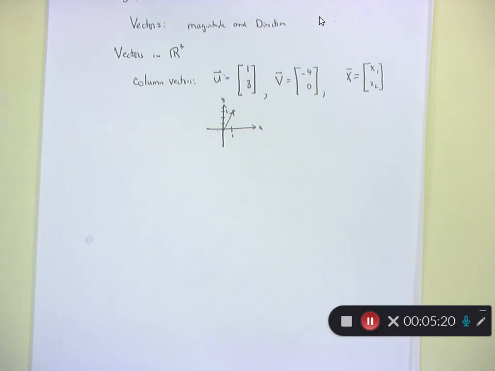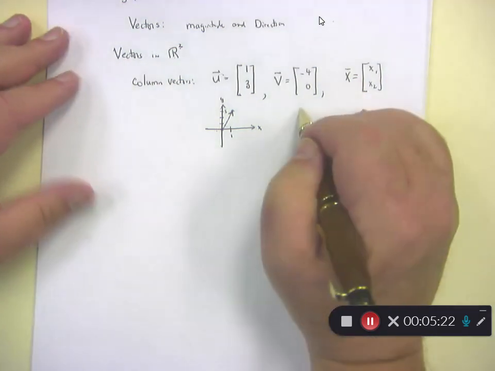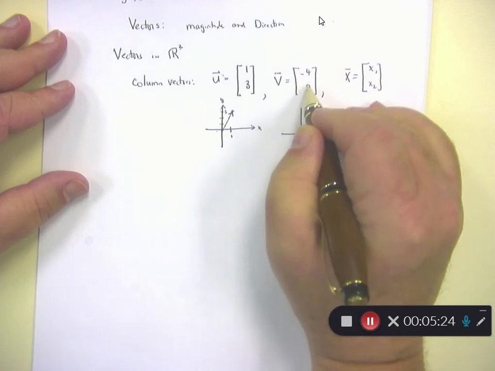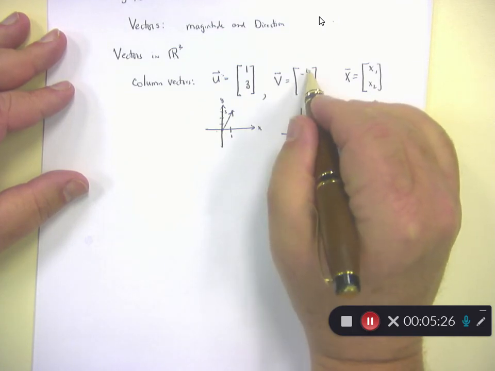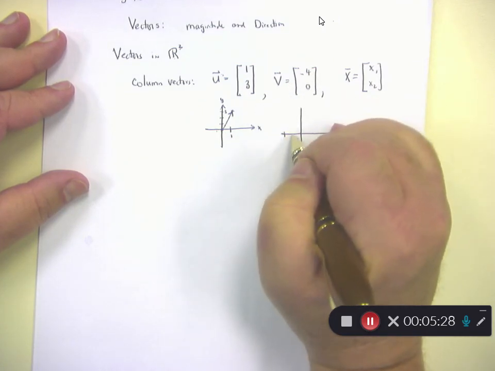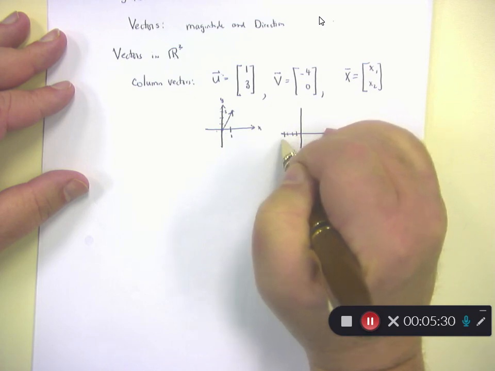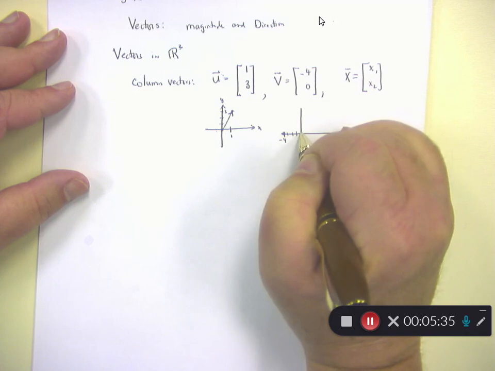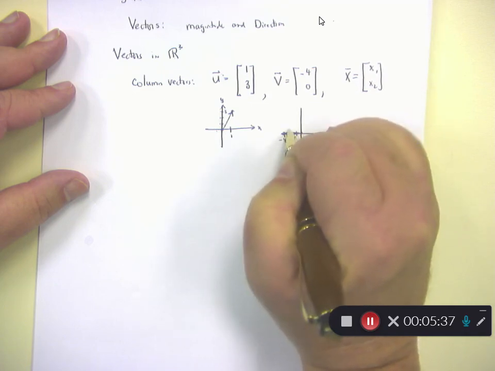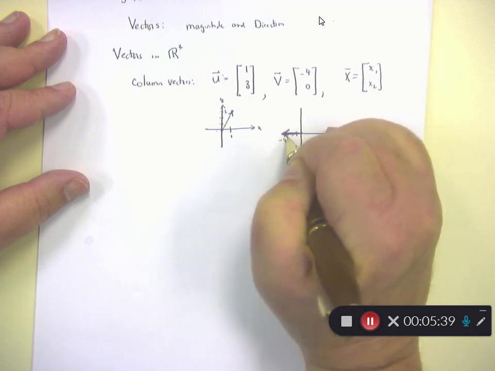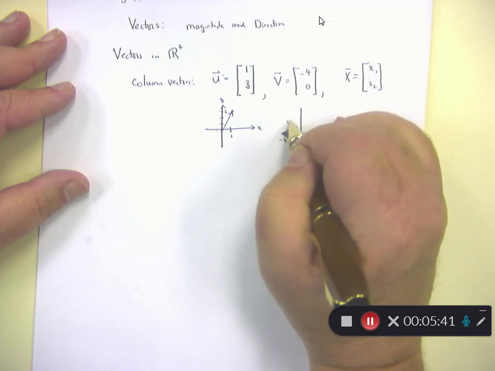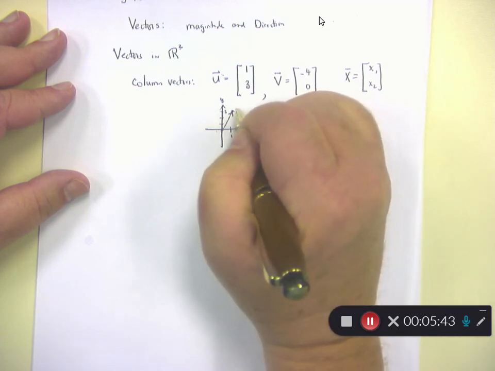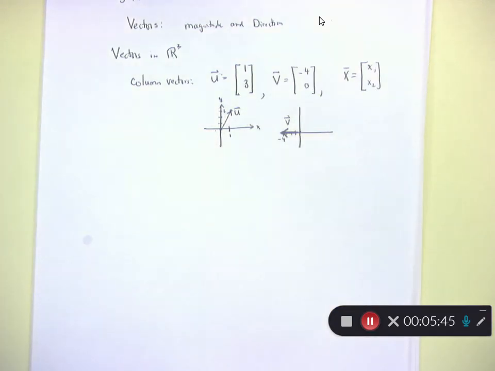Magnitude and direction. So if I look at this vector, what is the vector negative 4, 0? The x component's negative 4, so 1, 2, 3, there's negative 4, 0, put a dot there, and then start at the origin and highlight it and put an arrow at where the vector is at. This is your v vector. This is the v vector, this was the u vector. Does that make sense?